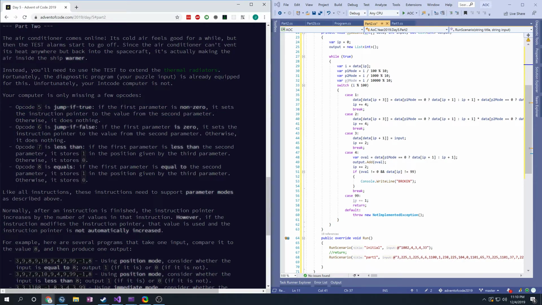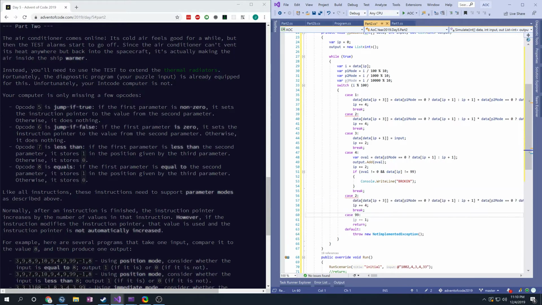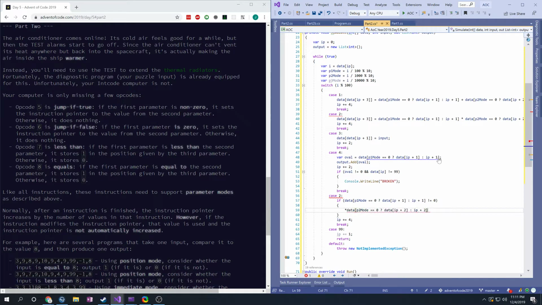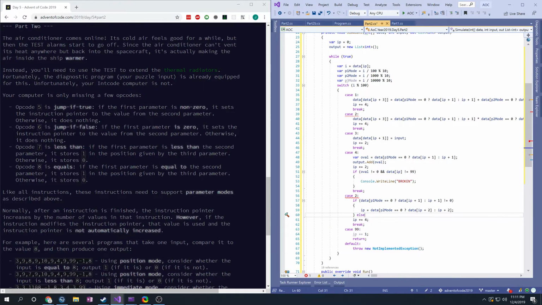If the number is non-zero, it sets the instruction pointer to the value from the second parameter. Remember, we still have to do our mode things. Else the instruction pointer adds, see, we're not going to add 4, we're going to add 3 because we took 2 arguments.